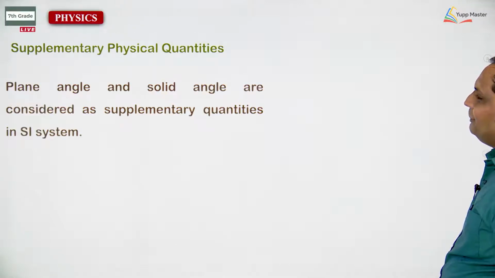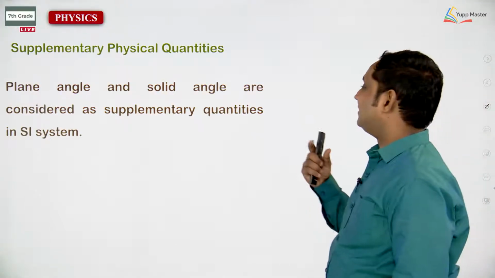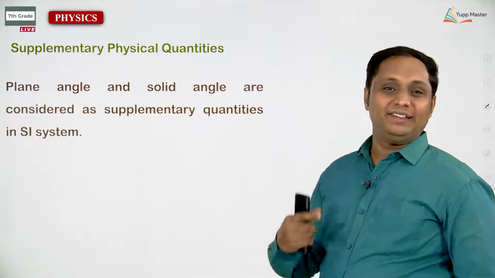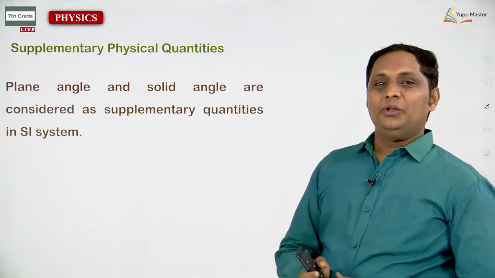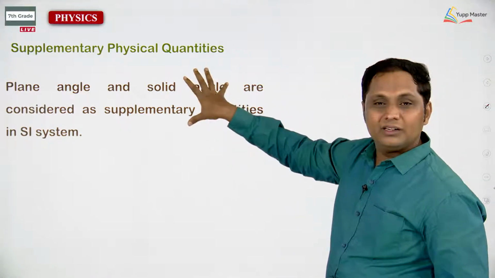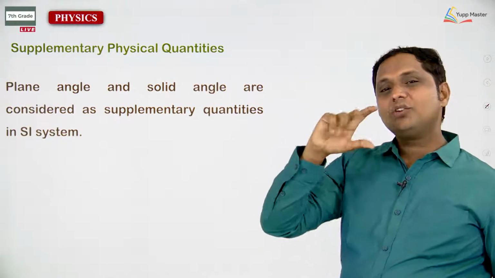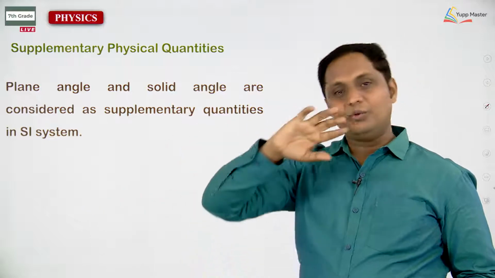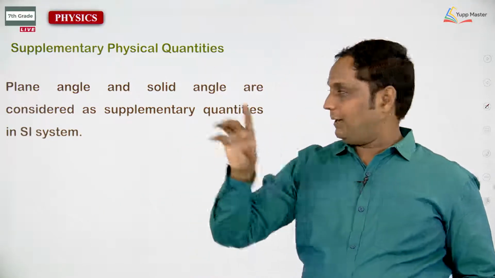Plane angle and solid angle are the supplementary quantities in the SI system. All right, students, you are going to understand that the motion of a body is limited to one plane. A plane is nothing but 2D.